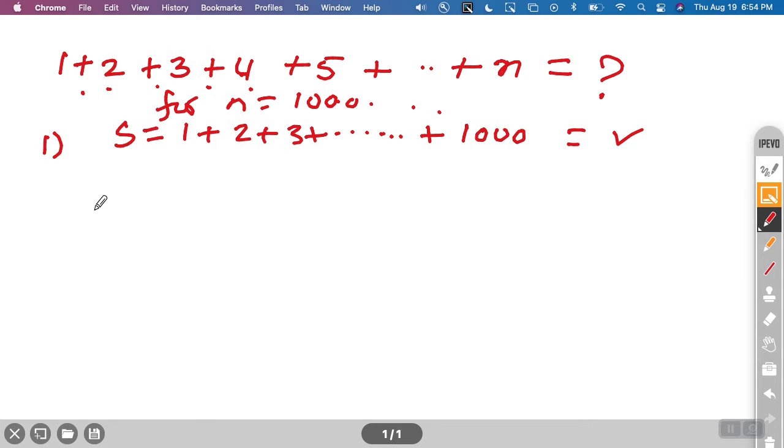Another way, if you know mathematics, is that for s, this is a linear equation, right? So we know that in that case s will be n times n plus 1 divided by 2, right? We can give another parenthesis, no problem.